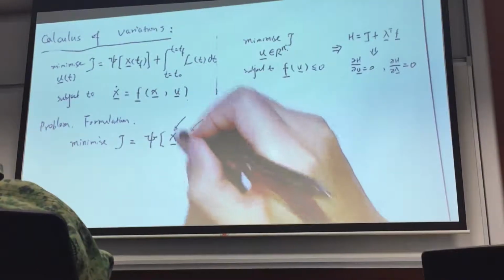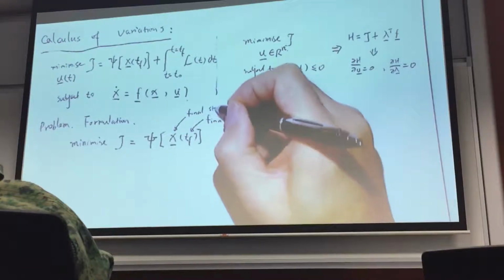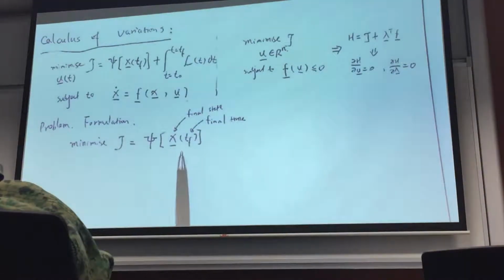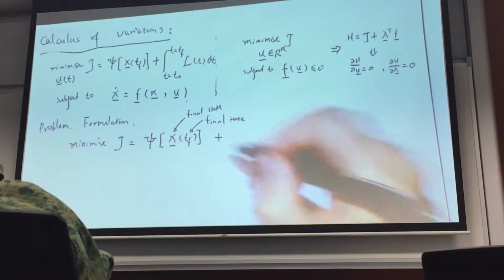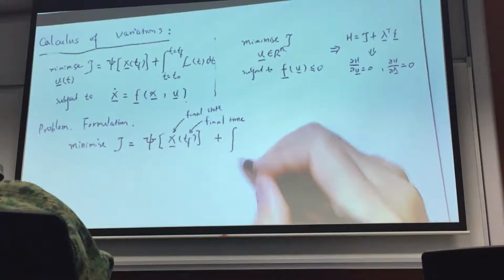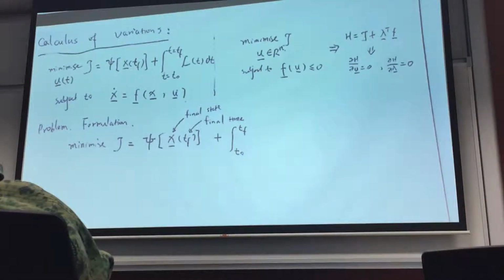And I define this x to be the final state. We use the state vector to represent the system. So it's plus an integration from T0 to Tf.